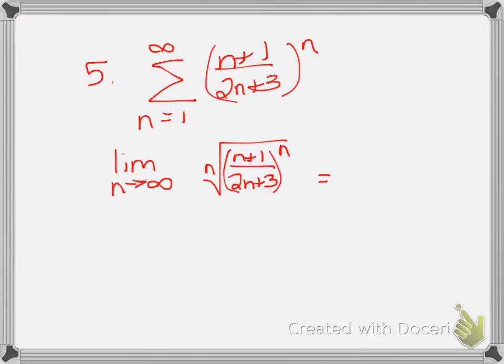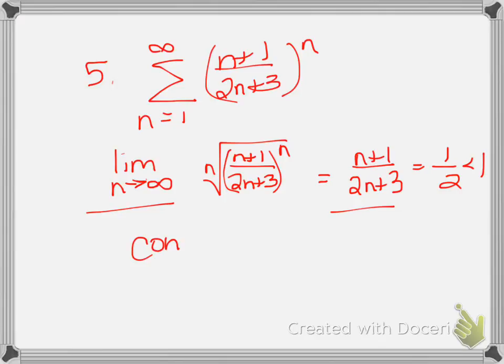Now if you take the nth root of something to the n, you end up with n plus 1 over 2n plus 3. Now find the limit as you approach infinity. That equals a half, which is less than 1. So it converges by the root test. This is not a common test, but it's an easy test to tell because something is raised to a power usually.